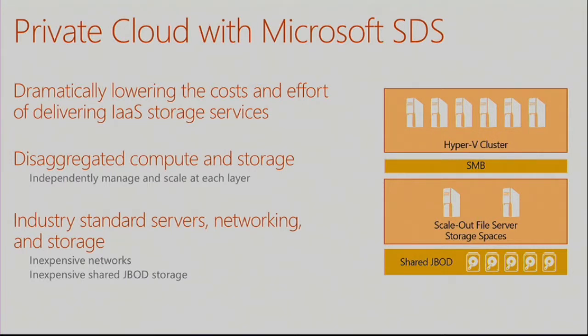The other set of machines you have here are your storage machines. So I'm depicting here the Microsoft solution, where you have a scale-out file server running Windows Server 2012 R2, running storage spaces, with a whole bunch of disks in the back, typically shared SAS JBODs.